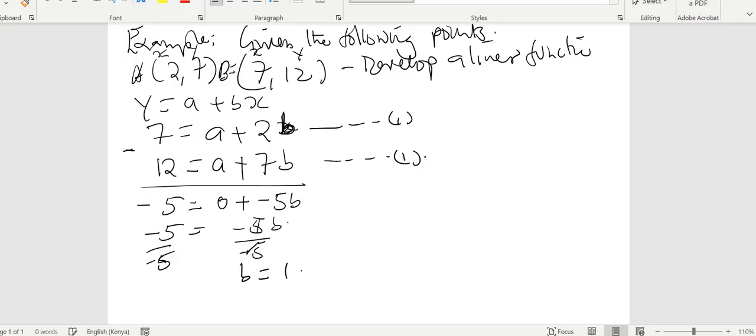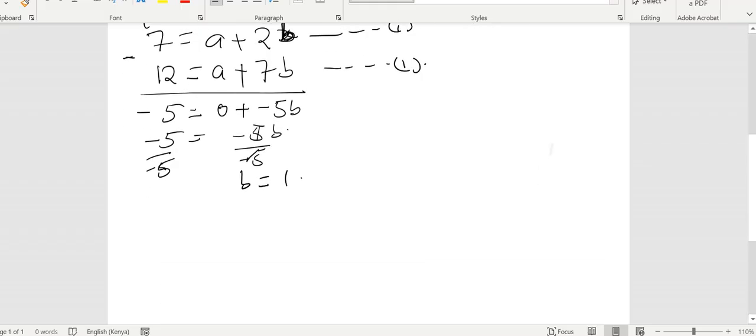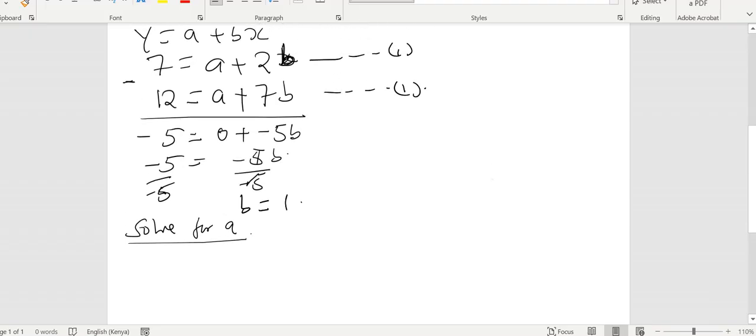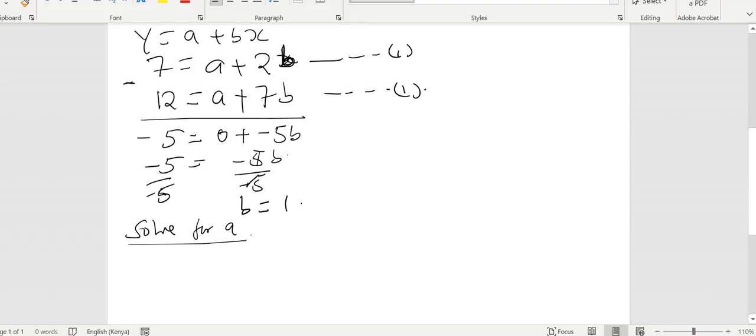Now you need to solve for what? Not for y, but for a. You need a now, so you take equation 1 and say 7 is equals to a plus 2b.